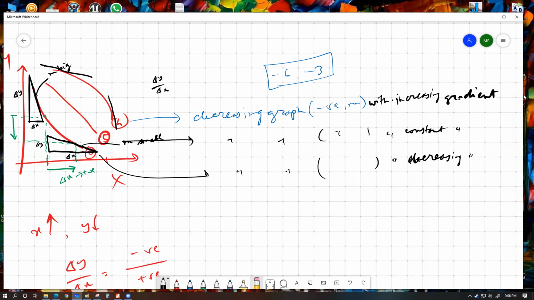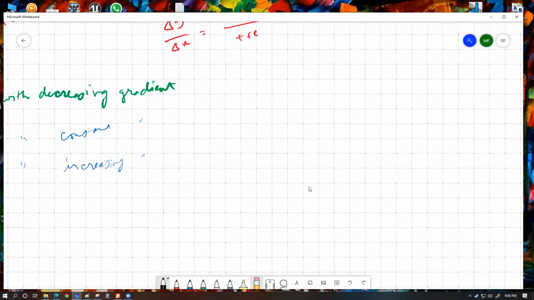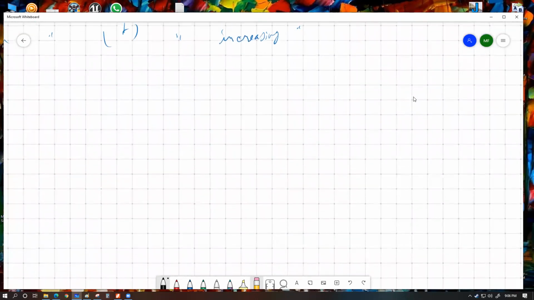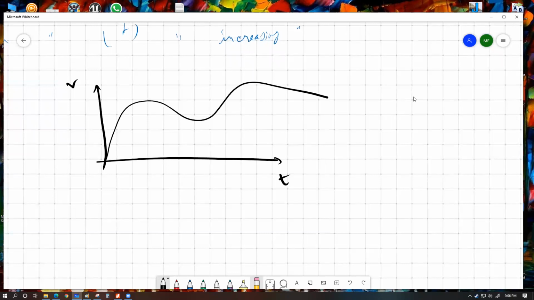You might wonder that why are these descriptions important for us? I mean, how is this going to be ever helpful for us? Here comes the usefulness. Let me show you. Let's say you are given the VT graph of an object, which looks like this. And it is given in segments.